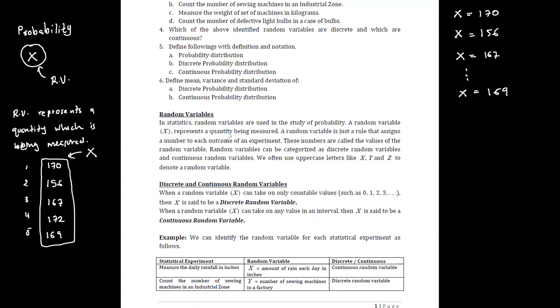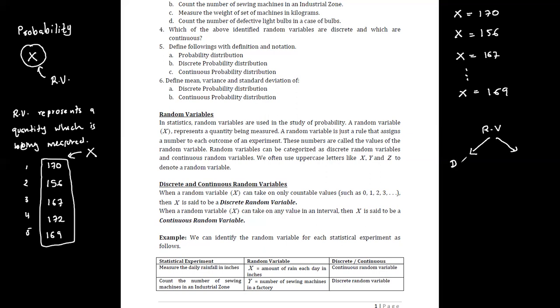And according to these wordings, we can say that random variables can be generally divided into two categories. Basically, this is the categorizing of random variables.